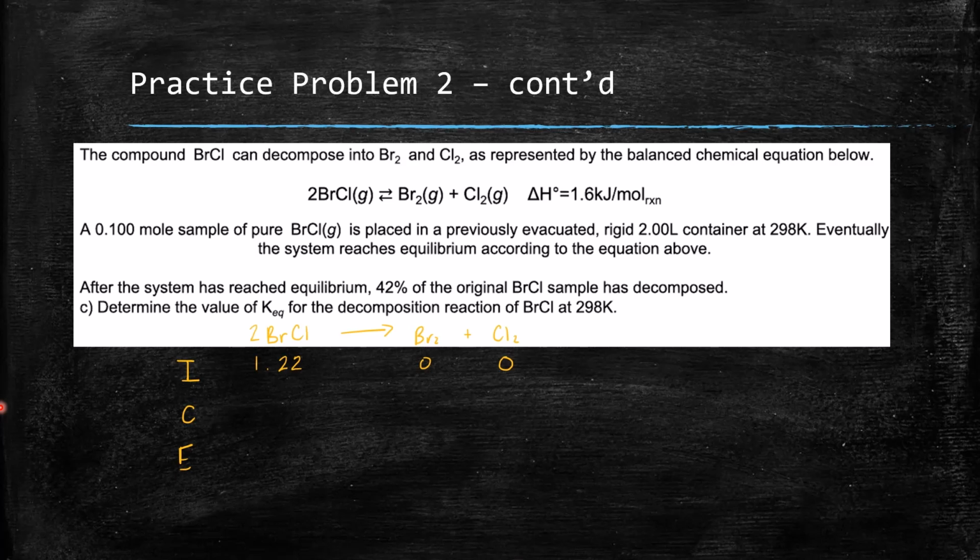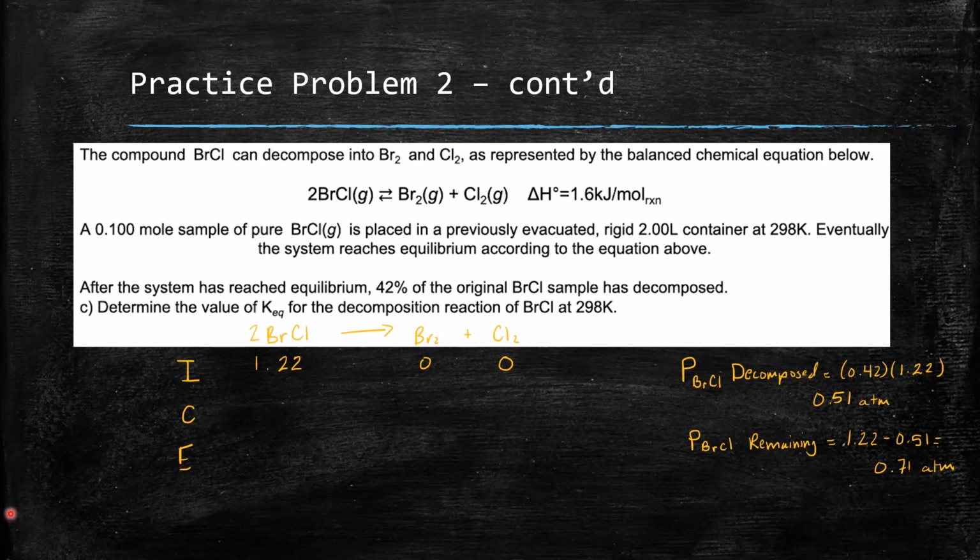And so now what we need to figure out is how these things are changing. The pressure of the BrCl decomposed is 42%. So if we multiply that 42% times that initial 1.22, we know that 0.51 atmospheres has decomposed already. If we subtract that out, 1.22 minus the 42% that's decomposed, that should leave us with the BrCl that's remaining.